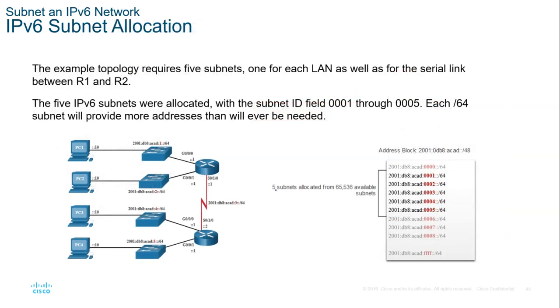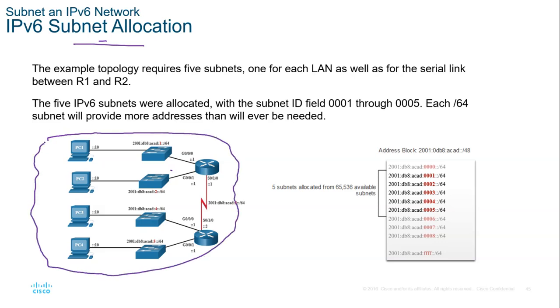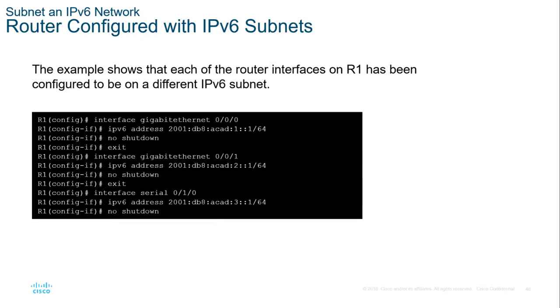So here we have IPv6 subnet allocation. This is a topology that I'll actually do another on, not as of now. Then how to assign?